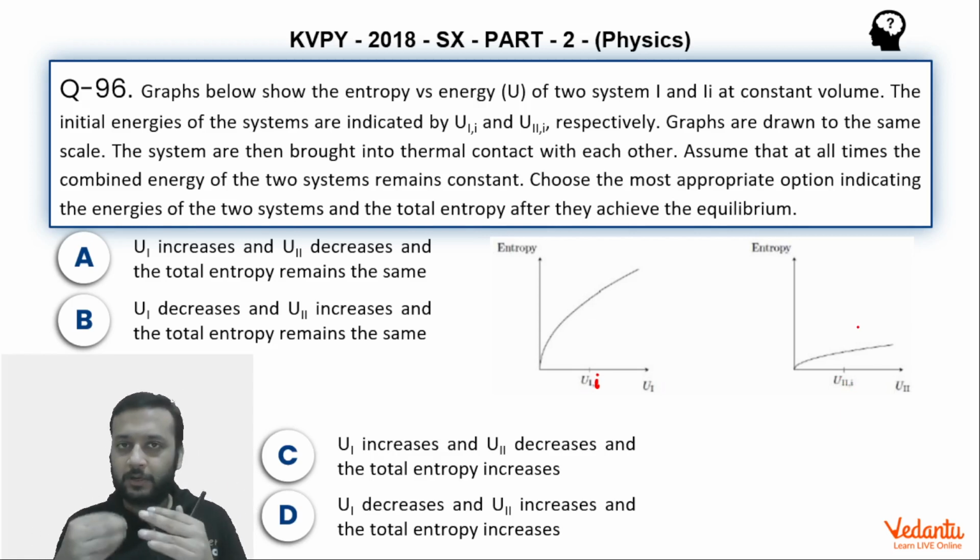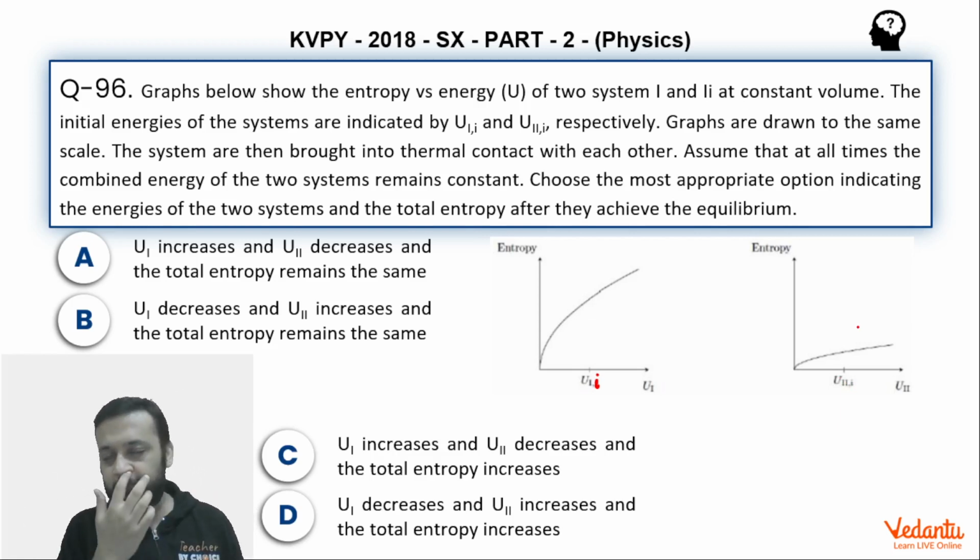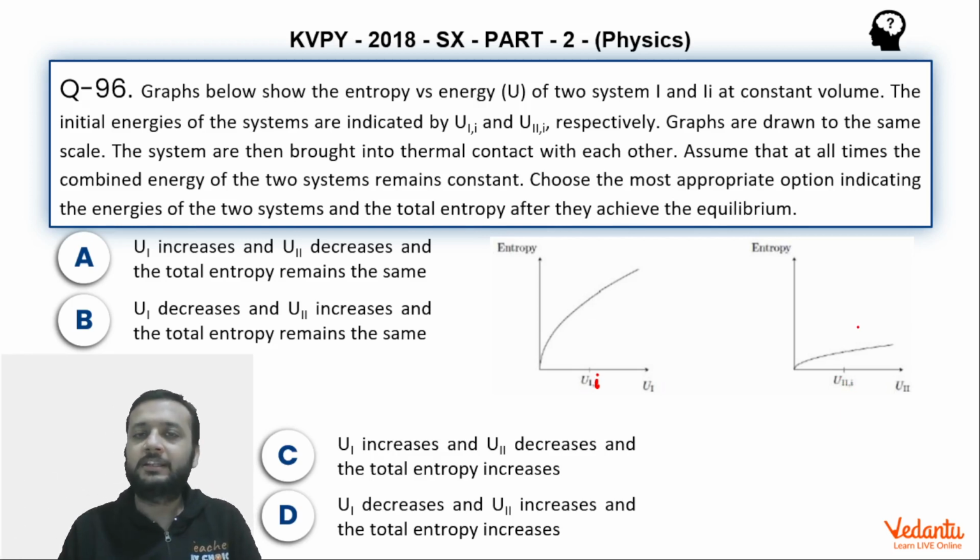That means now we are going to mix these two systems and see what happens. So before mixing these two systems, I represents the initial state. You can see that the entropy versus energy graph of system 1 has higher slope. It's a steeper graph, whereas the entropy versus energy graph of system 2 is kind of flat, less inclined.